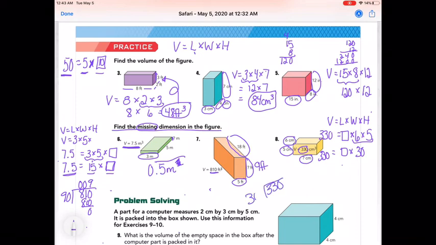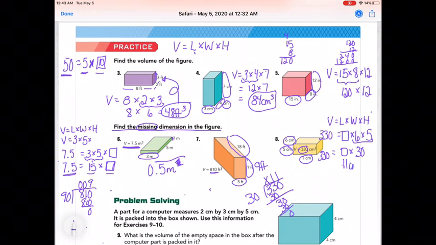So let's divide 330 by 30 and it will get the missing answer. 330 divided by 30. 30 doesn't go into 3. It goes into 33 once. And 30 goes into 30 once also. So our answer is 11. Goes in the box. 30 times 11 equals 330. So 11 centimeters.